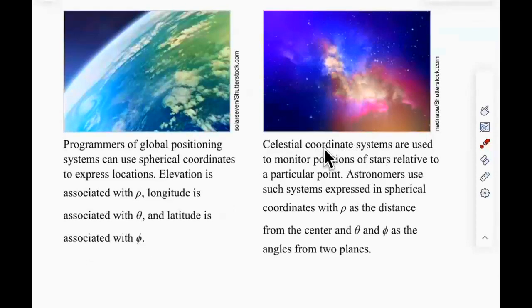Celestial coordinate systems are used to monitor positions of stars relative to a particular point. Astronomers use such a system expressed in spherical coordinates with rho as the distance from the center and theta and phi as the angles from two planes.